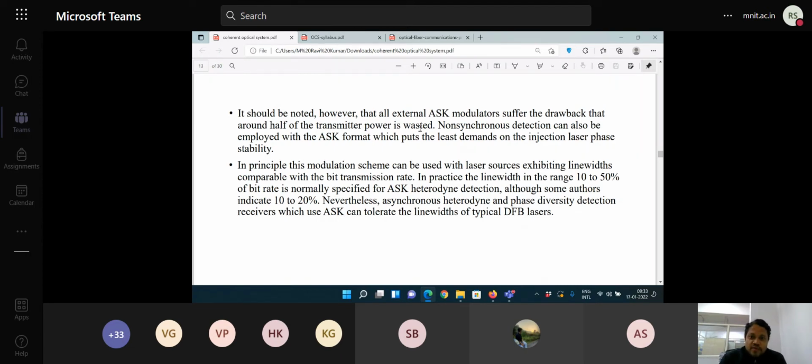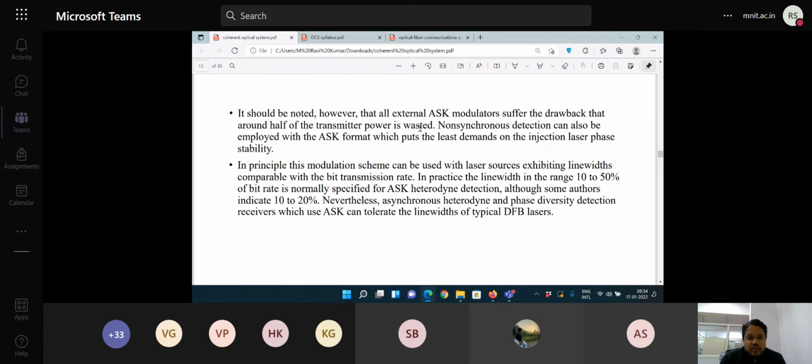It's possible to also have non-synchronous or asynchronous detection with amplitude shift keying, and if this is employed, then the injection laser phase stability need not be that rigidly maintained. If the laser wavelength is drifting, then it does not cause a very serious issue.